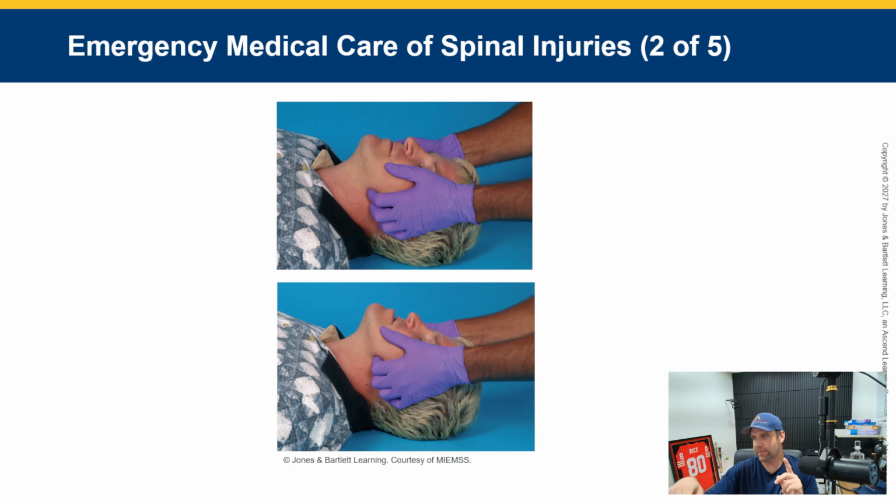What I don't like, I don't have a little laser pointer. You more want to have those thumbs on the zygomas, so on the cheekbones, because as you're pulling on that lower mandible, that movable jaw down here, you're going to pull forward, right?